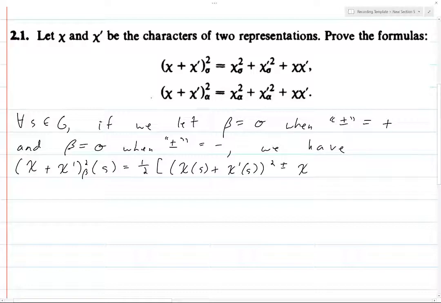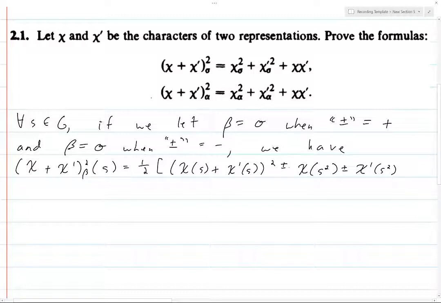and of course you can go back and review what these all mean in the text. It's all in there. So it's going to be plus or minus chi of s squared plus or minus chi prime of s squared.